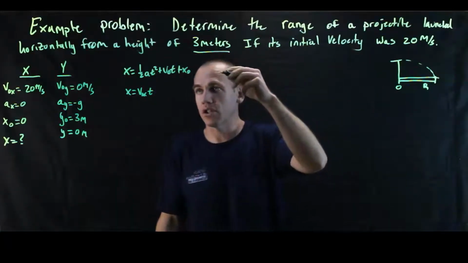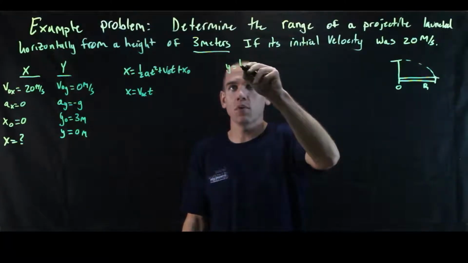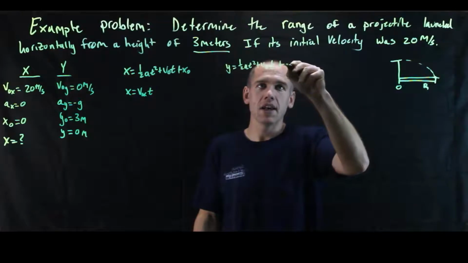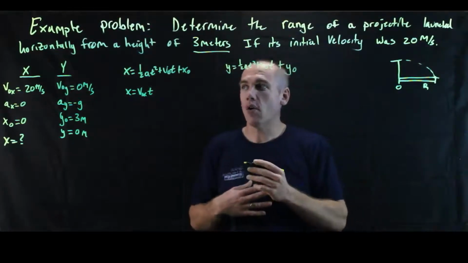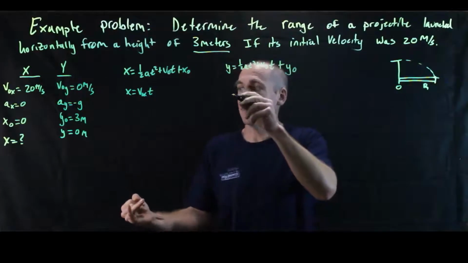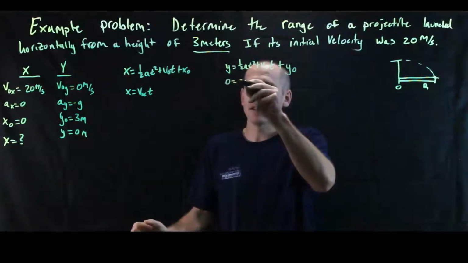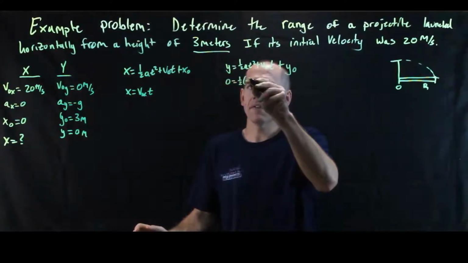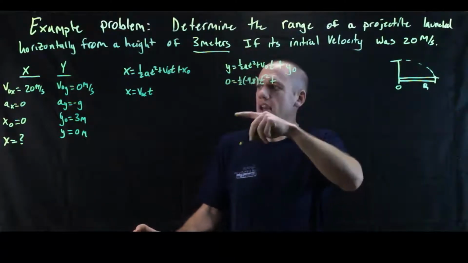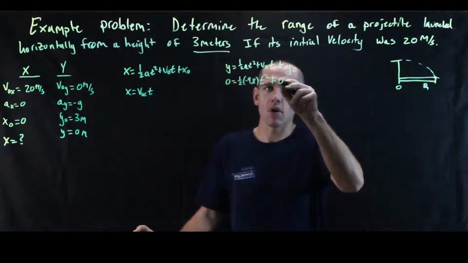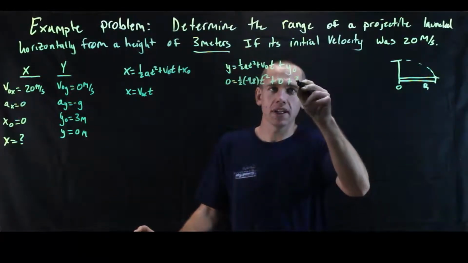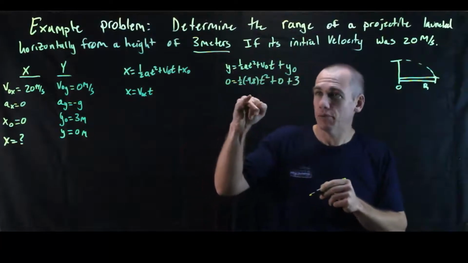In the vertical direction, same equation, y equals 1/2 at squared plus v naught t plus y naught, but now I'm going to use all my vertical information. So y, its final position is 0, is equal to 1/2 of negative 9.8 g times t squared plus initial velocity in y is 0 plus y naught, and my initial position is 3. And so now I'm going to simplify this.